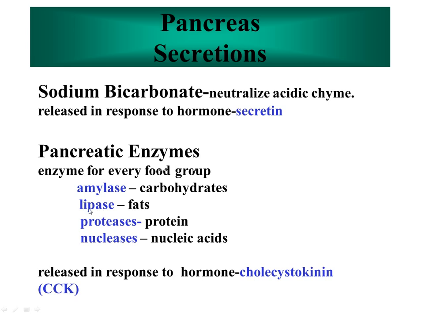We already saw that a lipid is a fat, so lipase breaks down fats, protease breaks down proteins, and nuclease breaks down nucleic acids. These are produced by the pancreas.